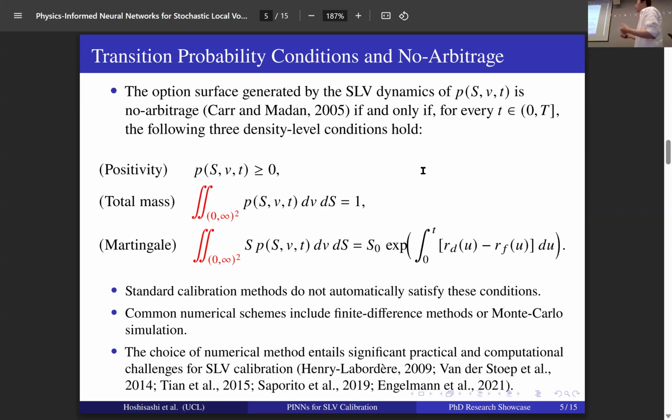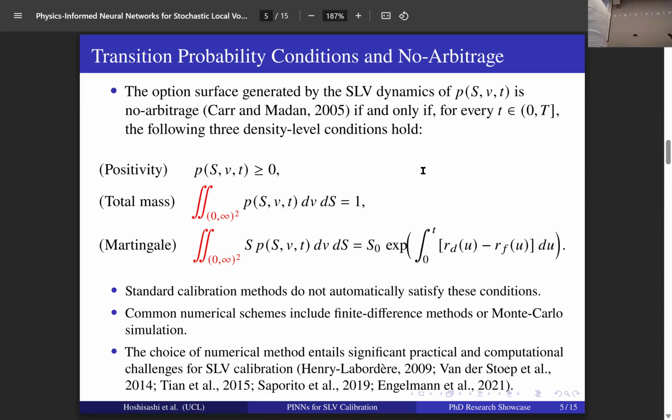And second, the total mass should be equal to 1. That's usual. And then from the finance perspective, it should be a martingale. Martingale means the expectation of the underlying should match the numeraire and the risk-free growth.